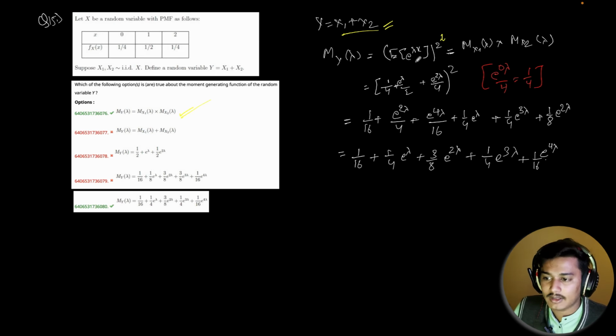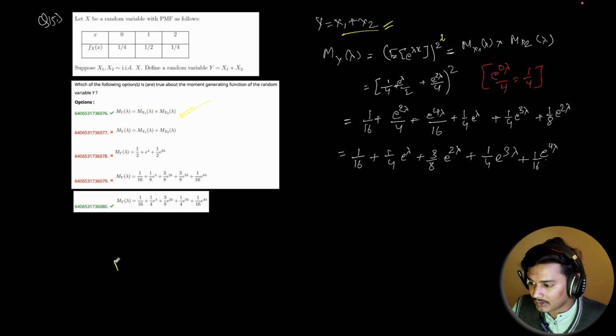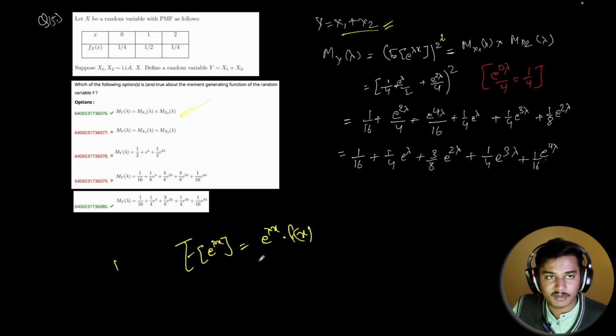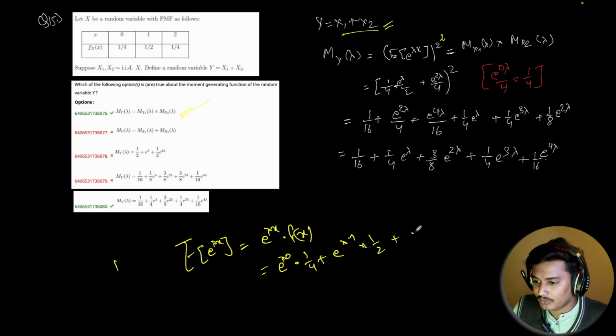Now, E of e raised to power lambda X, and we have this particular thing, right? So if we find E of e raised to power lambda X, it is nothing but e raised to power lambda X into f of x, right? This one. And what will this be? X is 0. So e raised to power lambda into 0 into 1 by 4, plus e raised to power lambda into 1 into 1 by 2, plus e raised to power lambda into 2 into 1 by 4.